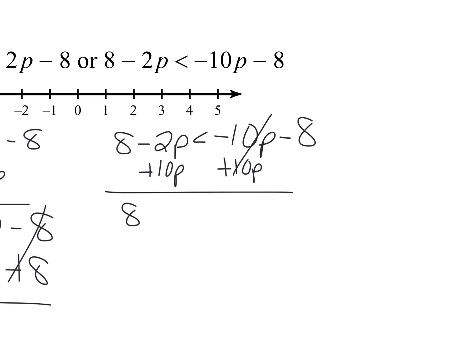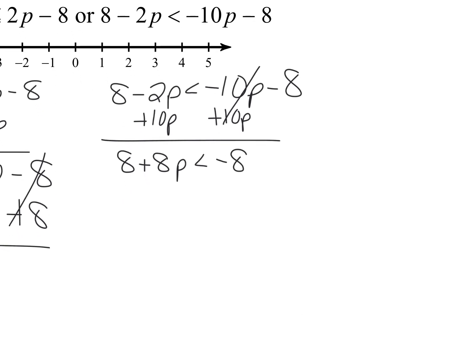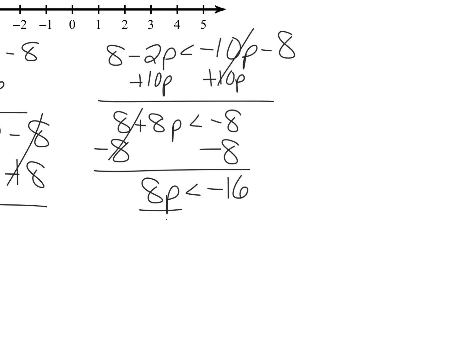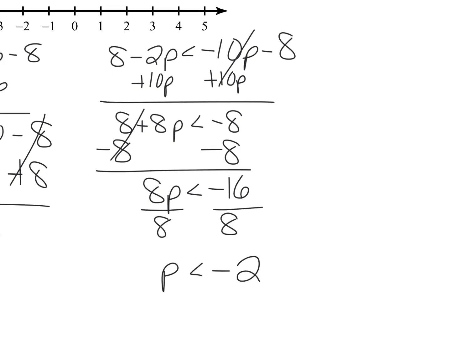So we get 8 plus 8p is less than negative 8. A lot of 8's going on. We want to subtract 8 over. Remember, we want to get p by itself. We have 8p is less than negative 16. Divide by 8. So p is less than negative 2.